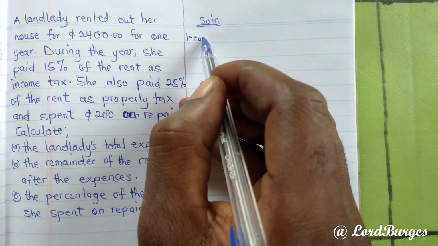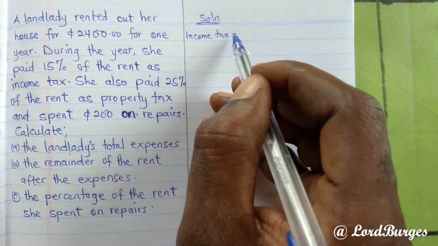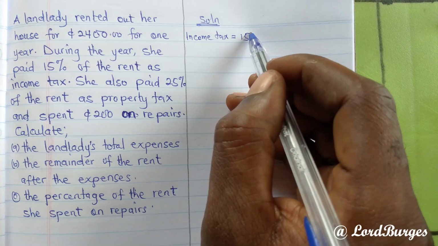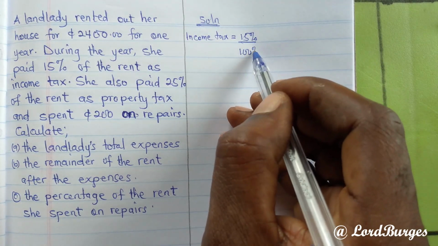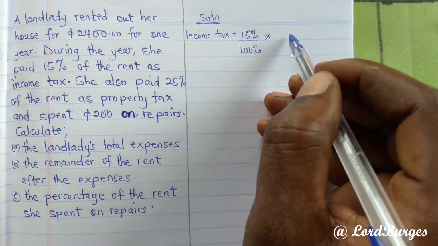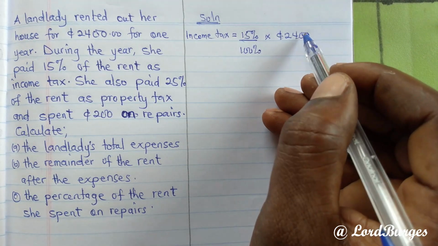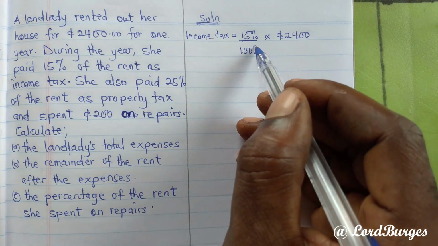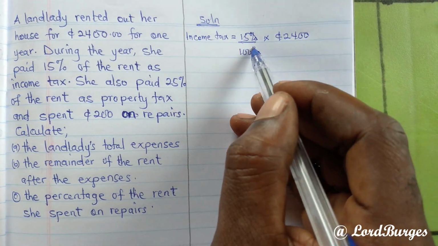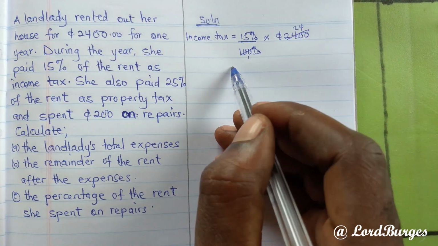Income tax is equal to 15% out of 100% by 2,400. So that is her income tax, which will cancel that. 100 into 100 is 1, 100 into 2,400 is 24.